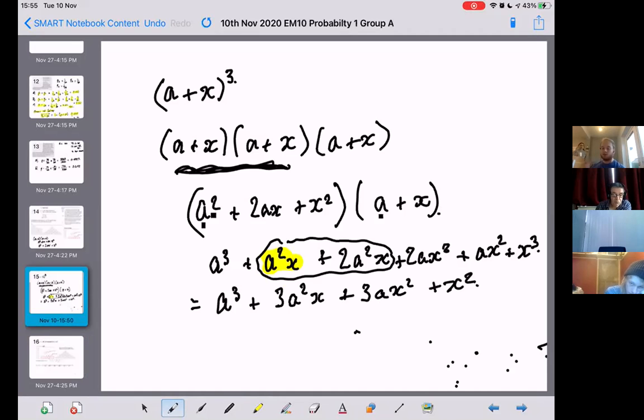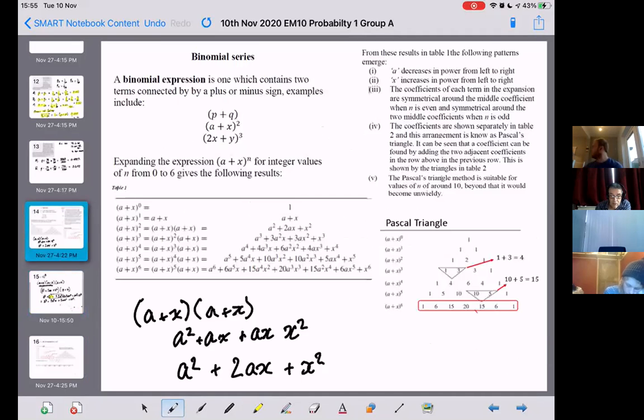Hopefully that's what's beside that column here: a cubed plus 3a squared x plus 3ax squared plus x cubed. The next line starts with a to the 4, 4a cubed x, 6a squared x squared, and so on. Okay.